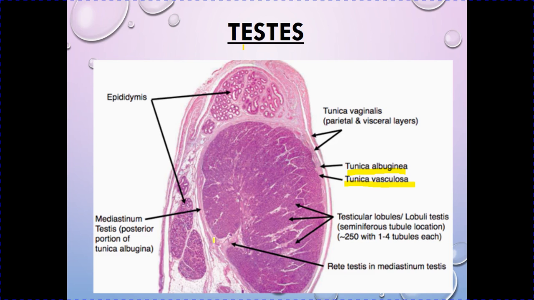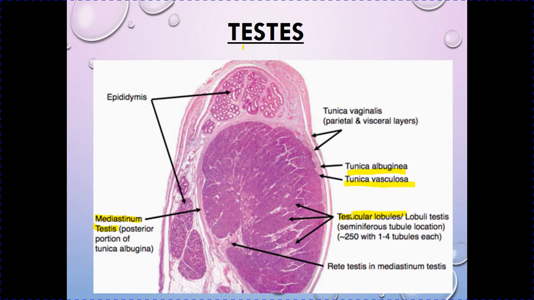Posteriorly, the tunica albuginea is thickened to form the mediastinum testis, the posterior portion of the tunica albuginea. From it, the septa arise and divide the parenchyma into the testicular lobules.